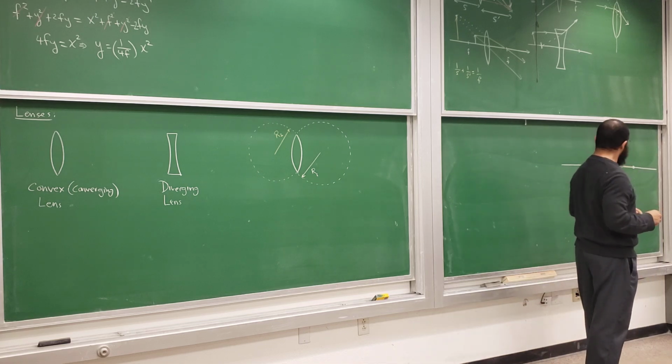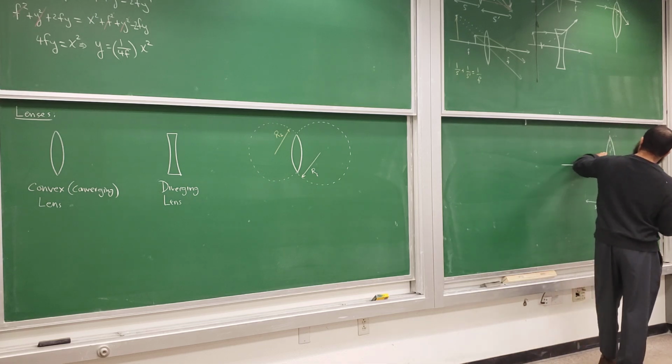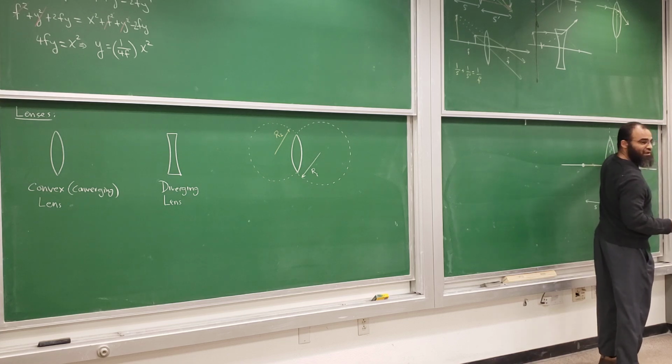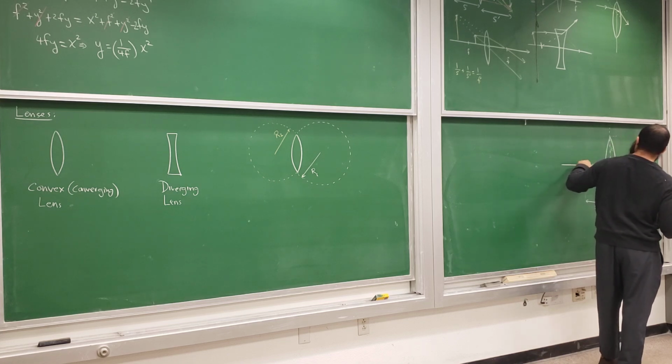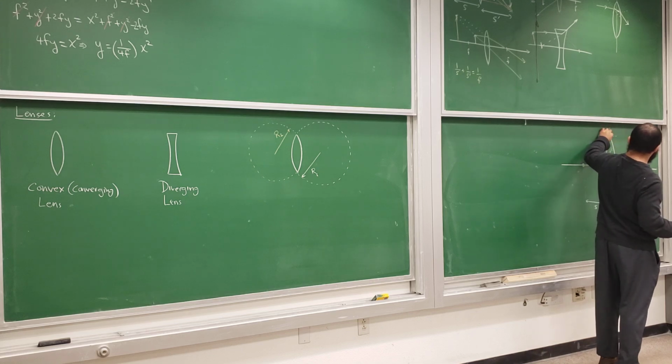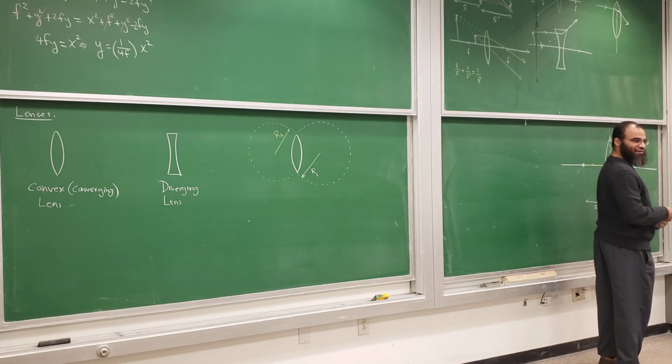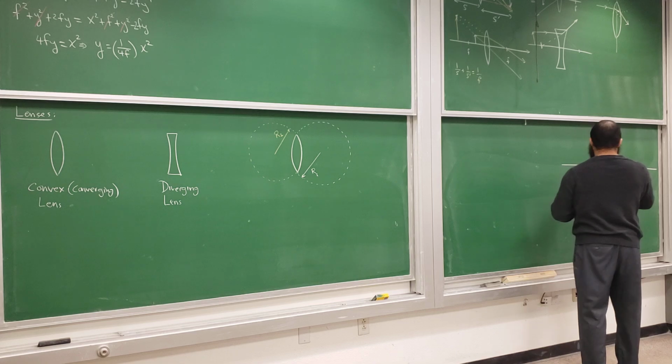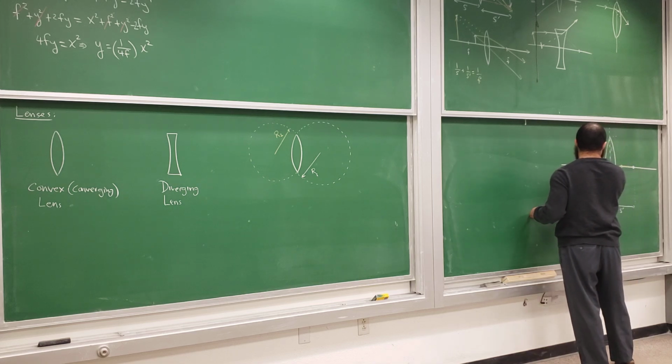And then I'm going to draw another one. I can draw another one here with convergence, and we get there. But I'm going to draw only the one that gets all the way to the edge and then bends to here. It barely touches the lens, just to bend, okay? So we're going to draw it this way.